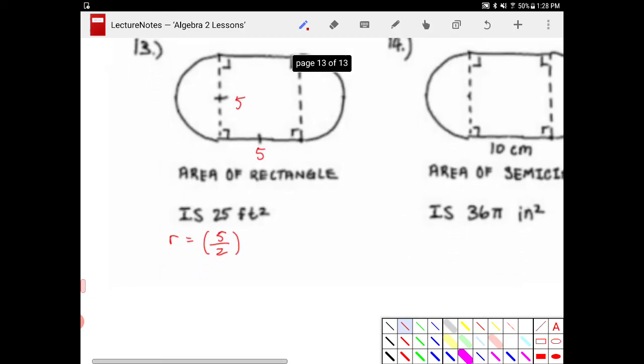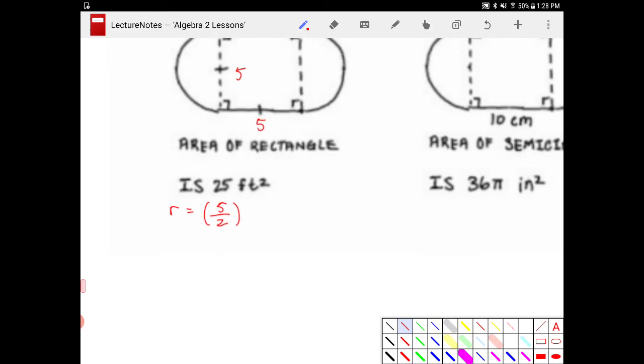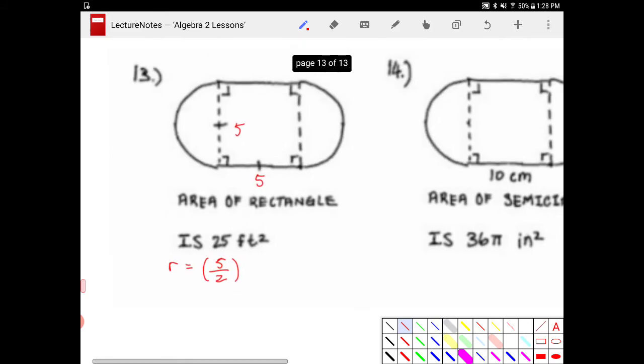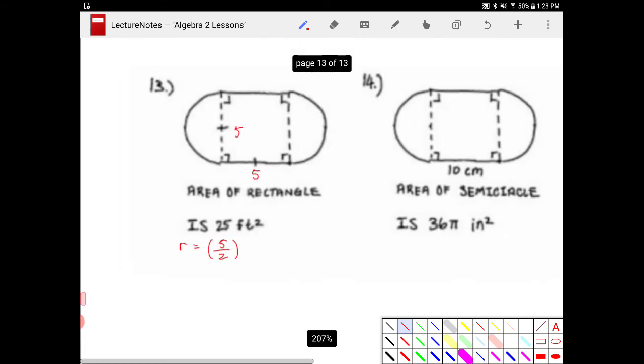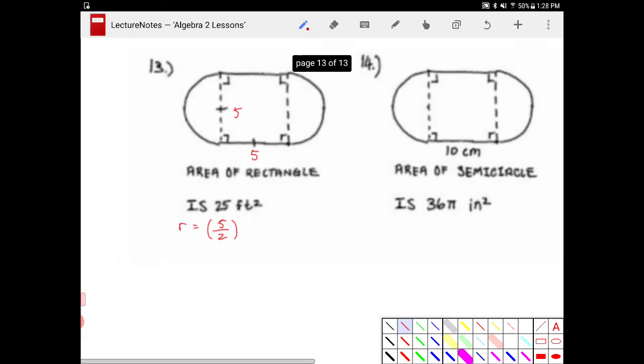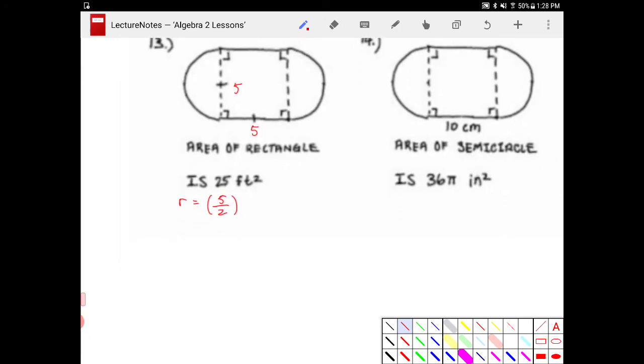And if the radius is 5 over 2, then the area of the two semicircles here, I forgot to label these as semicircles, but these are semicircles. If I have two semicircles, that means I have one full circle. So the area of the full circle is pi times 5 halves squared. That's the area of the two semicircles together, plus the area of the rectangle in between, that's just 25.